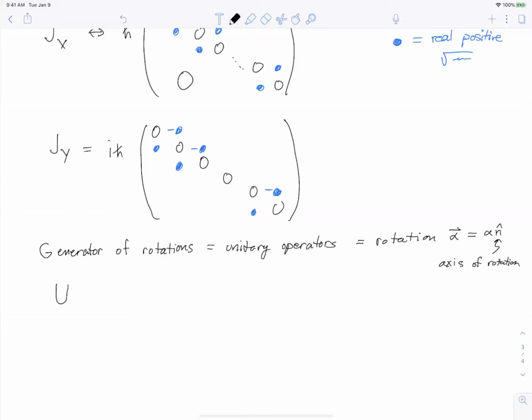And we write it like this: U of alpha is equal to the exponential of minus i alpha dot J, this should have been a vector, divided by h bar.